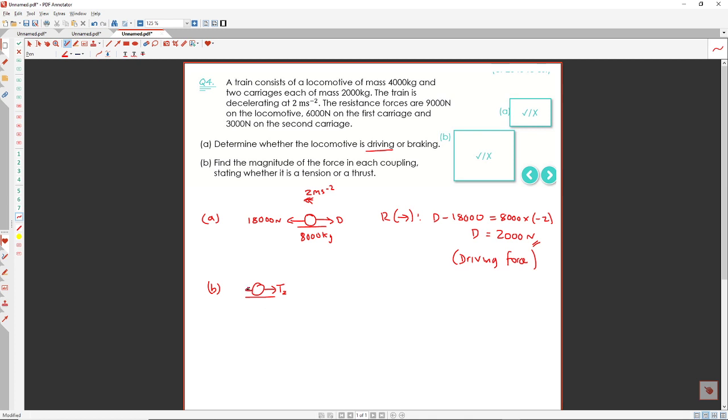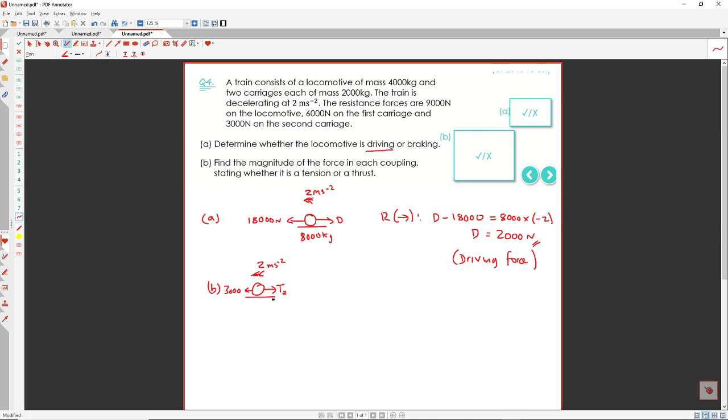There's a resistance force on the back carriage, which is 3,000 newtons. We've got an acceleration to the left of 2, like so. These are the only forces acting on the second carriage.